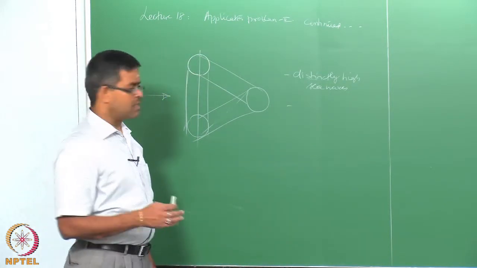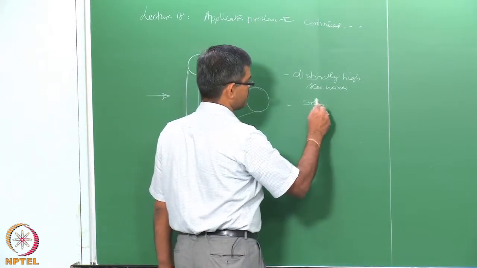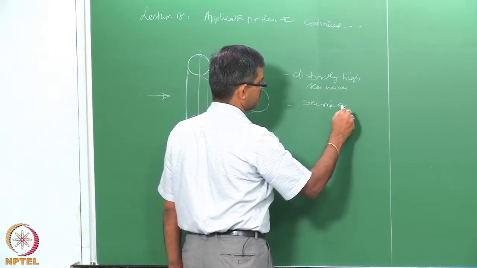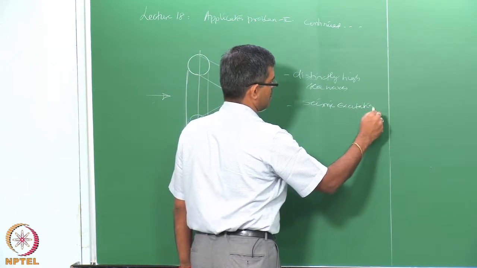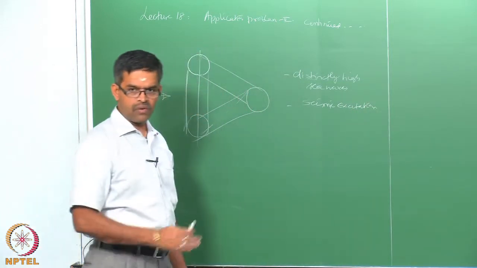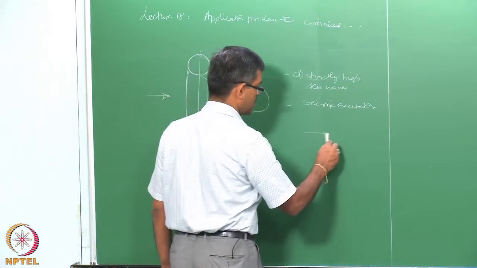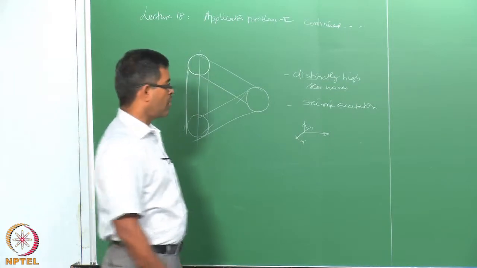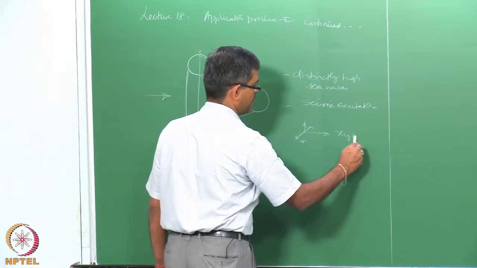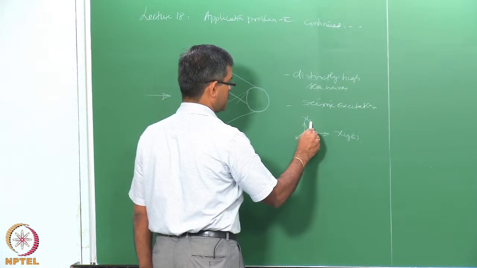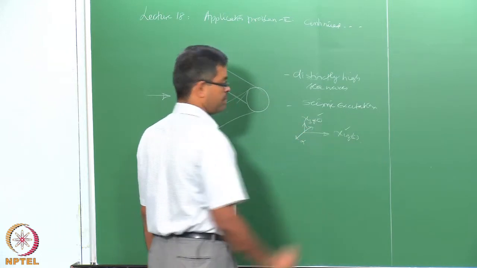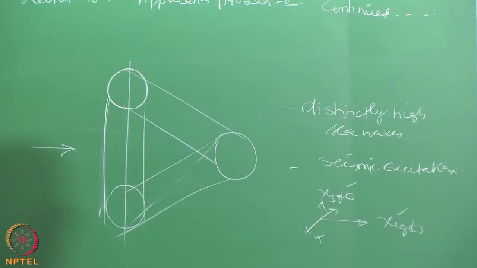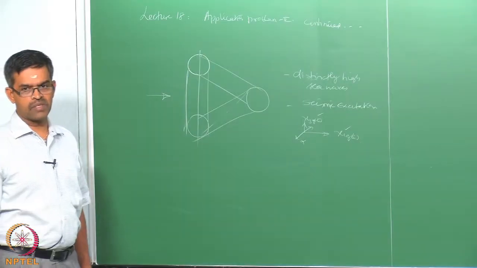The second force acting is the seismic excitation. In this study, seismic excitation is considered as horizontal and vertical, along surge and along heave. Of course, along sway it is neglected; displacement x1g and displacement x3g are considered in the study. And we already said this will cause a dynamic tether tension variation which can be given by the equation specified.